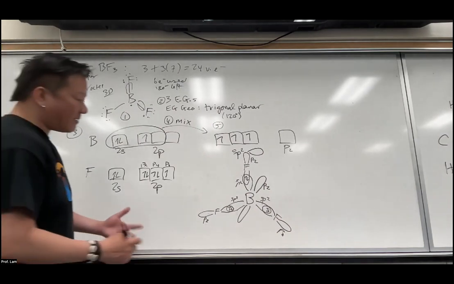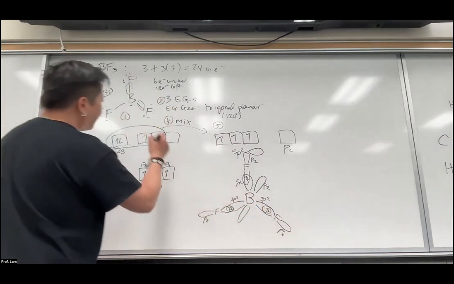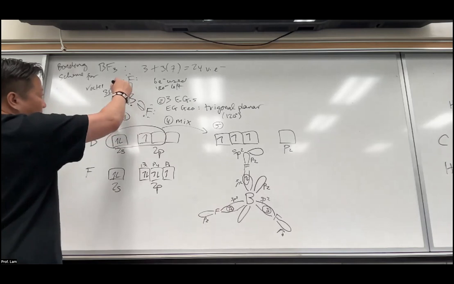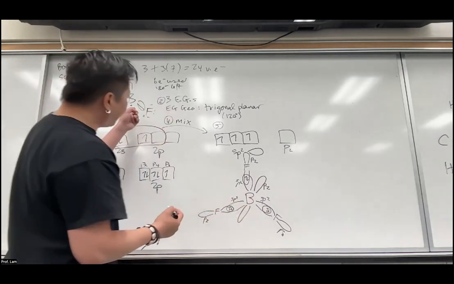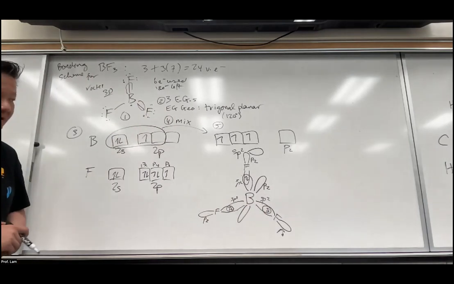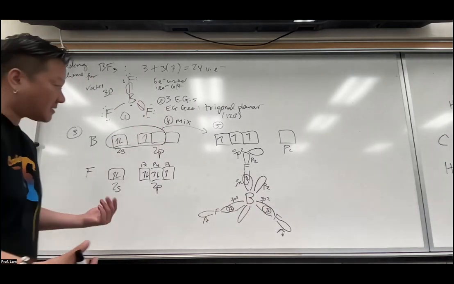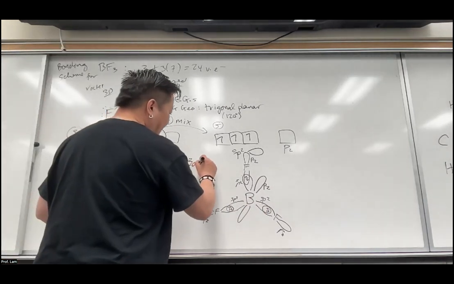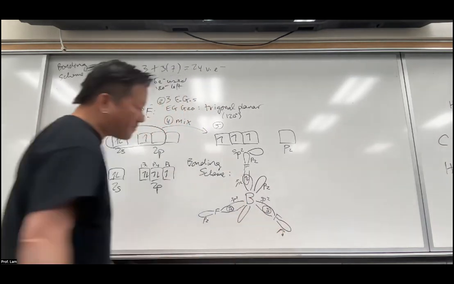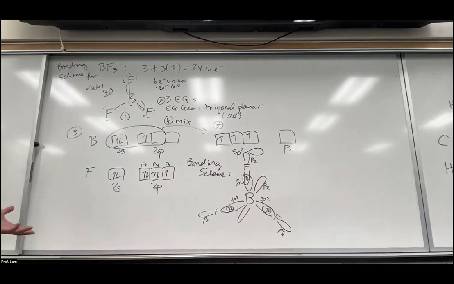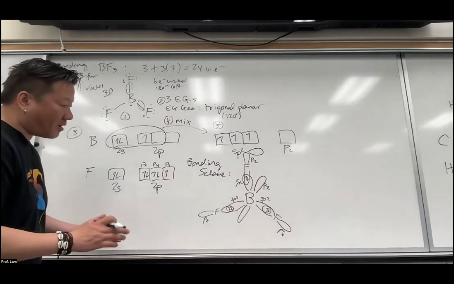Okay, so I'm describing this single bond between the boron and the fluorine using orbitals. That's just what a bonding scheme is. Okay. And looks like I'm almost done.